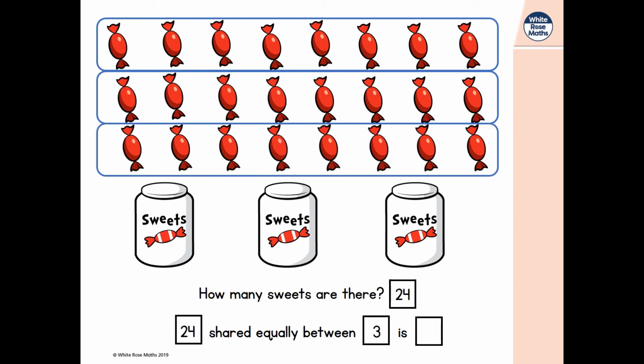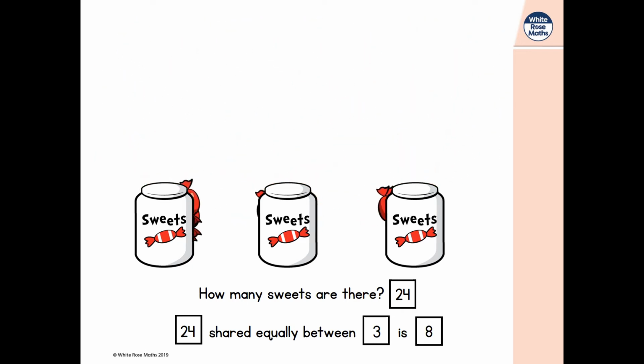And the final row would make 3 equal groups. That works. So can you see how much 24 shared equally between 3 is? It would be 8. Exactly. Oh, and now we don't have empty sweet jars anymore. They each have 8.